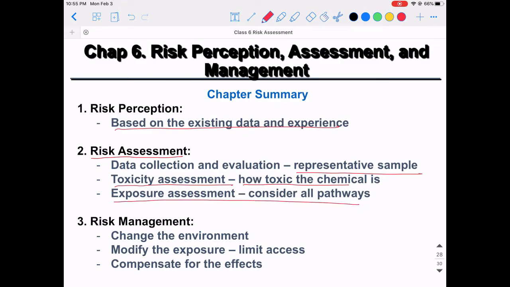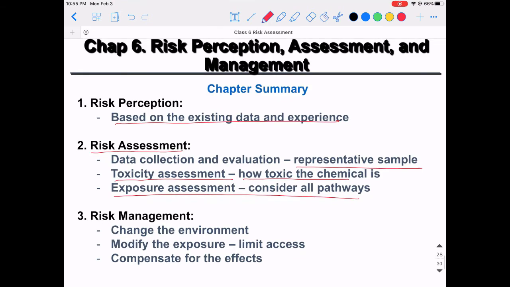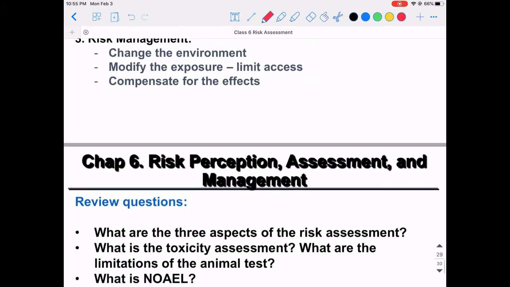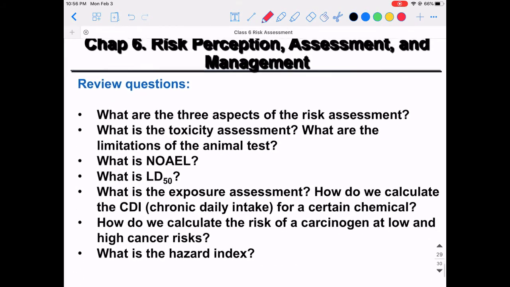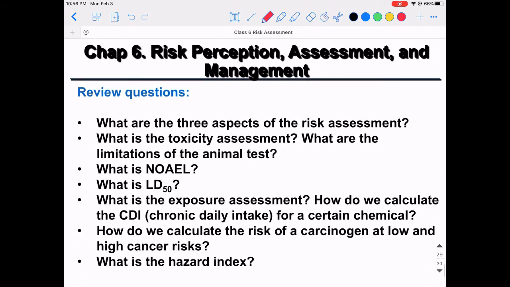And for the exposure assessment, we're going to consider all of the pathways. It can include drinking water, breathing, basically inhalation, showering, right, swimming, and so on and so forth. And in terms of risk management, which is to reduce the risk, we can change the environment, modify the exposure, basically limit the access, reduce the CDI, and compensate for the effects.